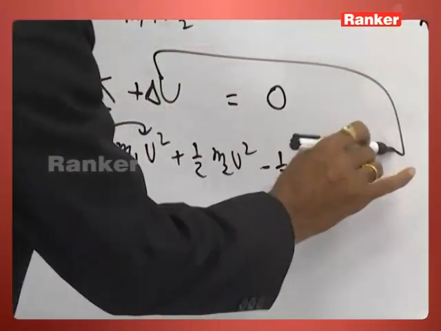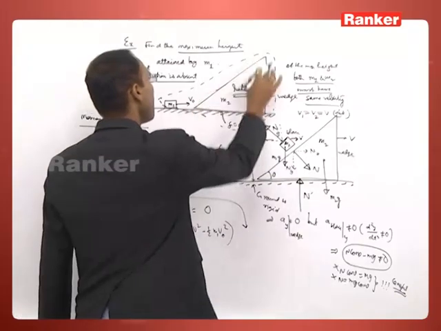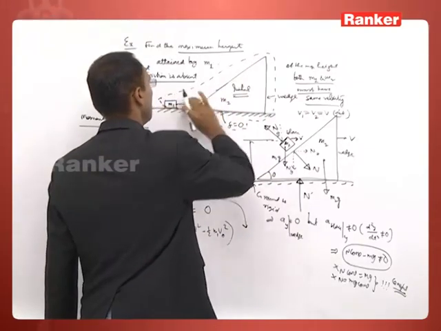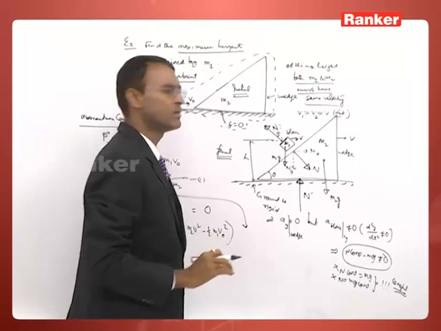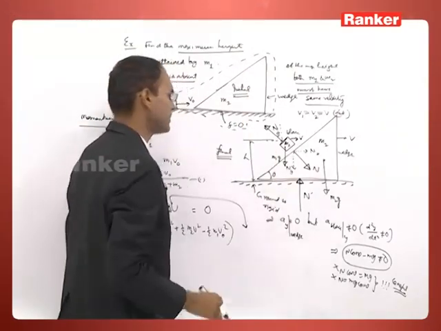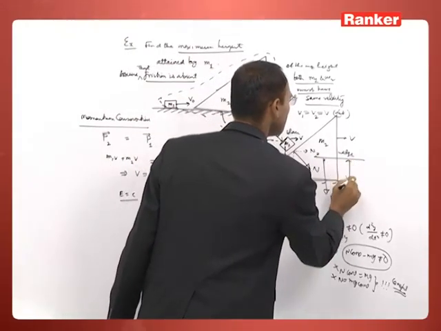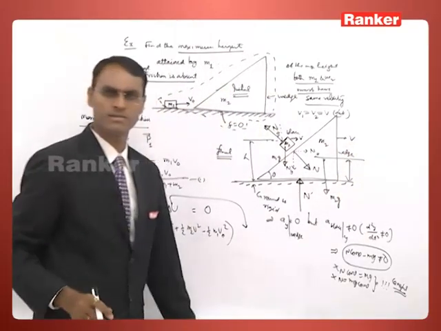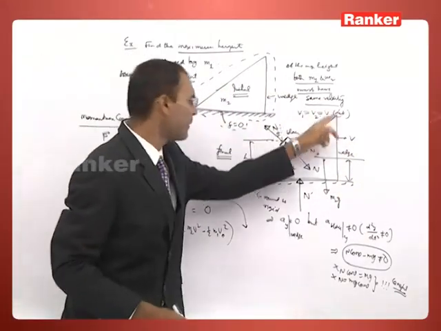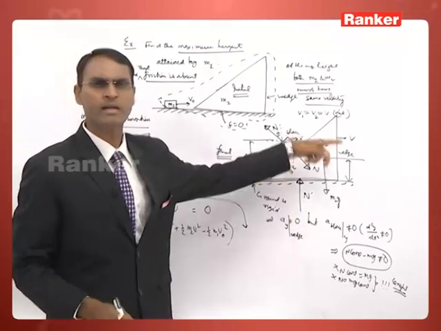Change in potential energy. This block is moving up. This wedge is moving towards the right. The center of mass of the wedge does not change its height. Therefore, the gravitational potential energy of the wedge does not change.